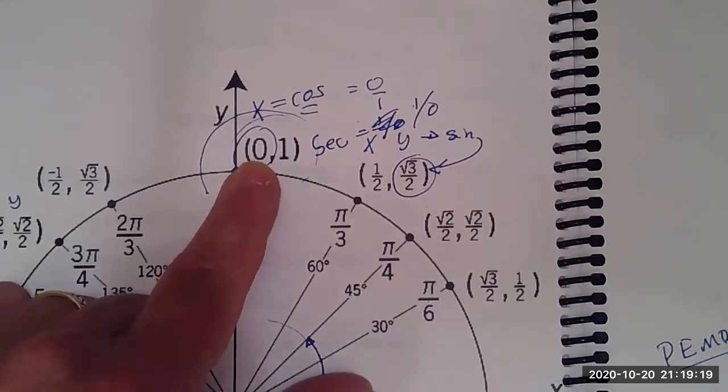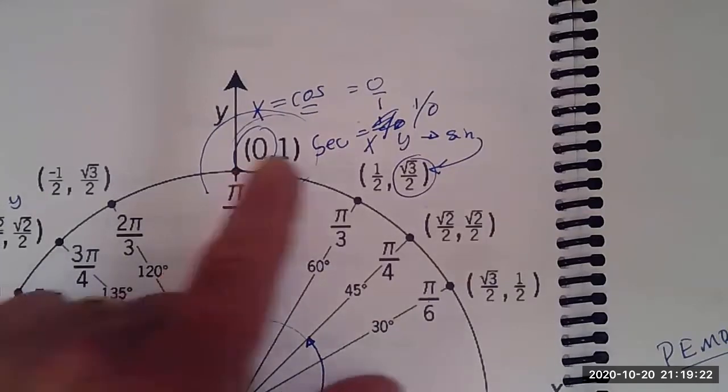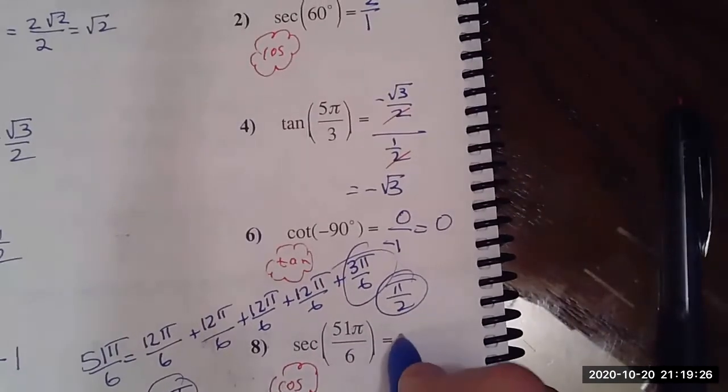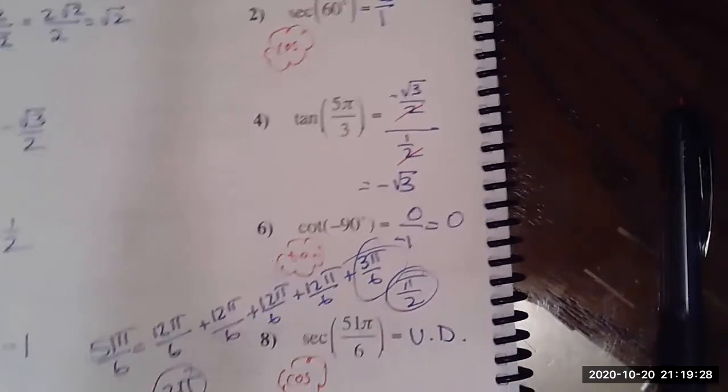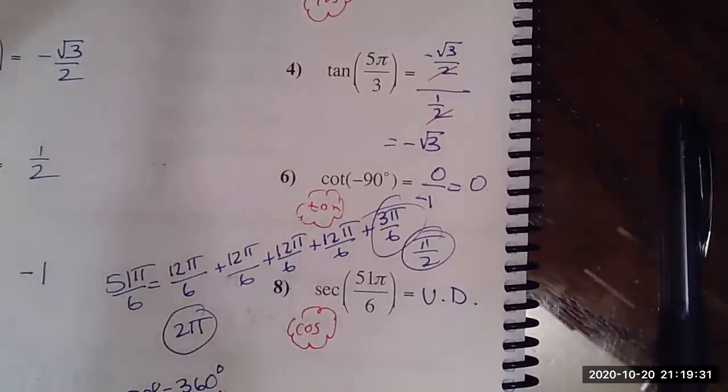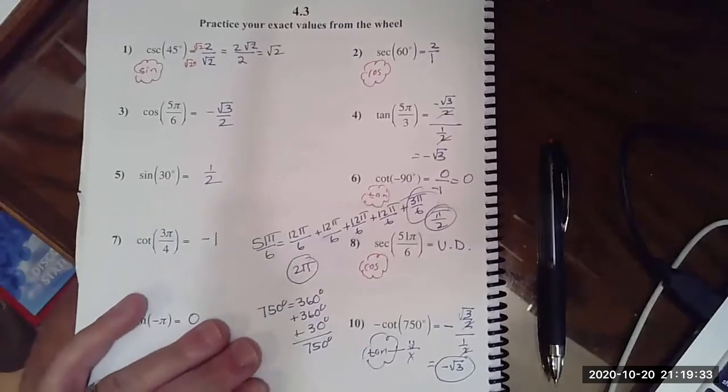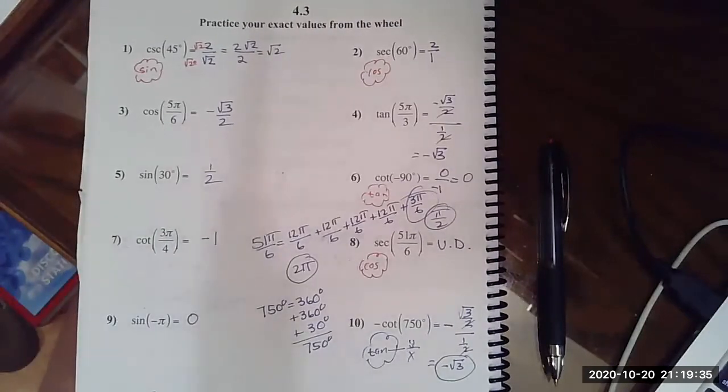Take the reciprocal and it's 1 over 0. That's undefined. More about that later in the course. What does that mean? Undefined, particularly in the graphing portion.